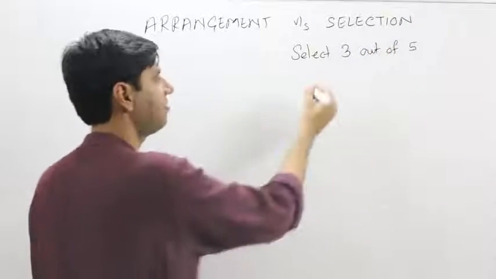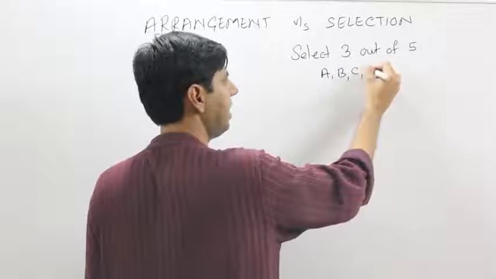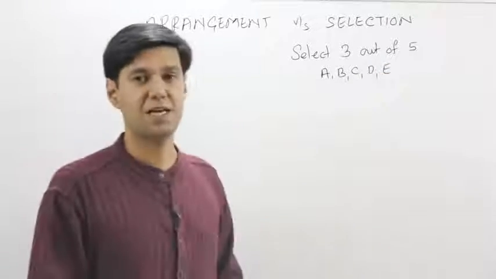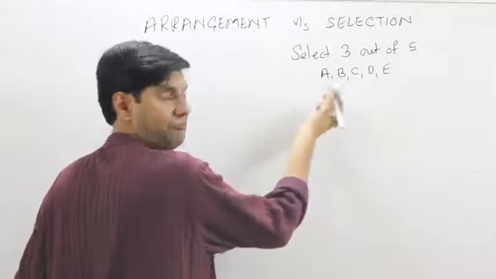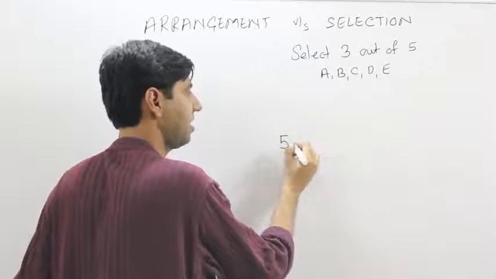And the 5 of them, let me name them, is A, B, C, D and E. In how many different ways can I select 3 out of 5? We know the answer is nothing but 5C3 ways.